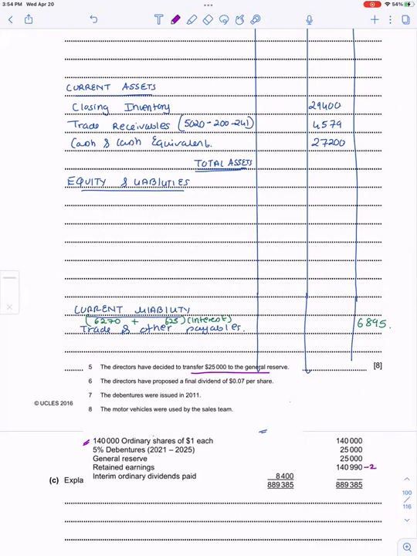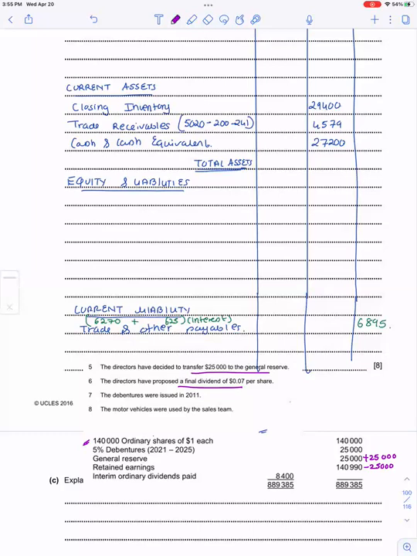So it will go from retained earnings and add to general reserves. Directors have proposed a final dividend. Proposed this year does not come in the statement of changes in equity.